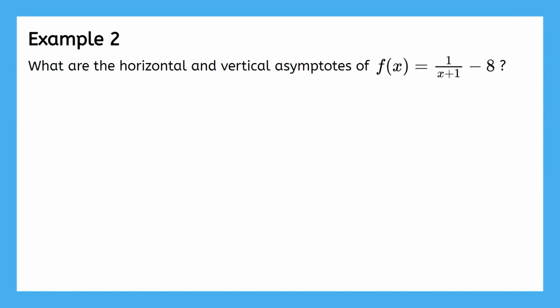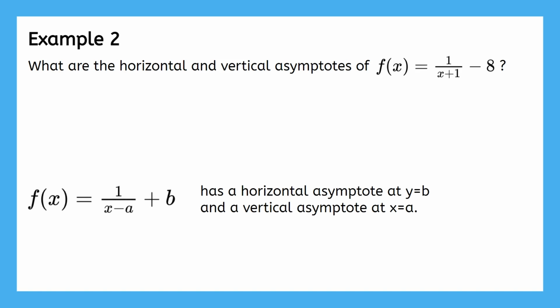Our next example asks, what are the horizontal and vertical asymptotes of f of x equals 1 over the quantity x plus 1, minus 8? Luckily, we don't have to graph the function to know its asymptotes. We can tell what they are just from looking at the equation. So can you see what each asymptote would be? Remember our guide for finding the asymptotes of a translated reciprocal function. The horizontal asymptote is the number tacked on at the end.